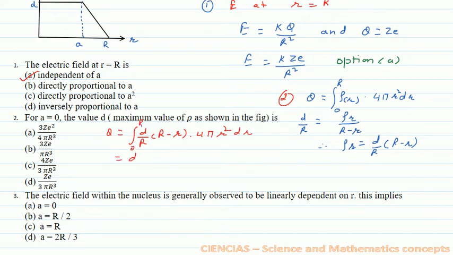Now D is constant, capital R is constant, 4 pi is constant.